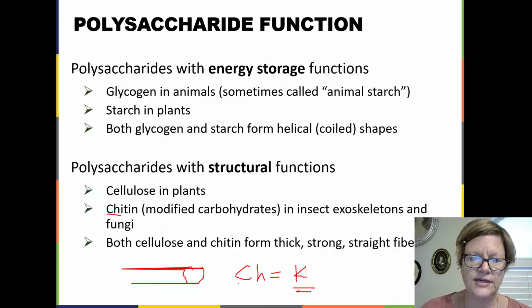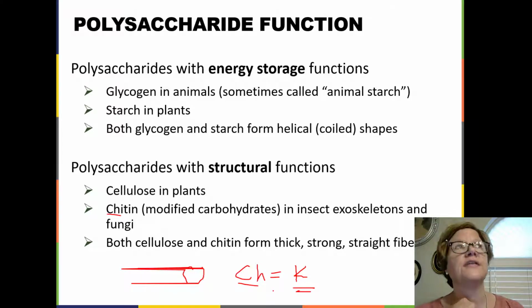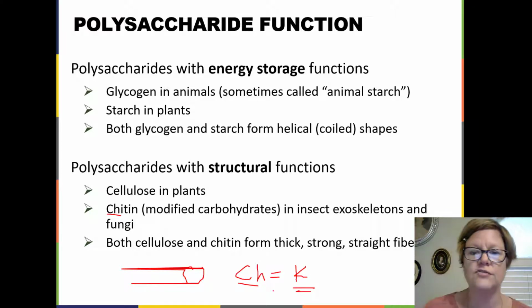So anything with a CH in biology, let me think if I can think of anything that's an exception to that rule. 99 times out of 100, it's going to have a hard K sound. So being able to pronounce the words helps you increase your expertise in that subject.